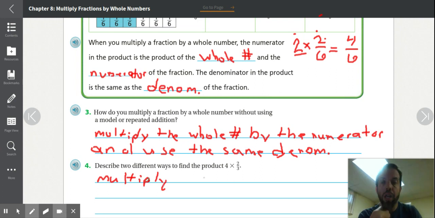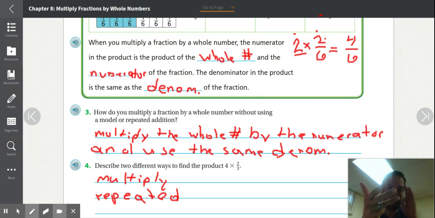Or I could use repeated addition, right? So how would I do that? Well, this is the same thing we did on the other page. Instead of doing 4 times 2/3, I could do it the longer way, and I could add 2/3 plus 2/3 plus 2/3 plus 2/3. I should get the same answer.